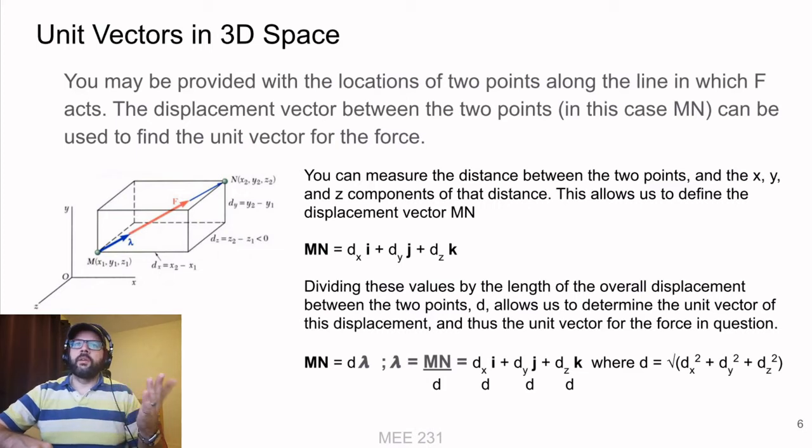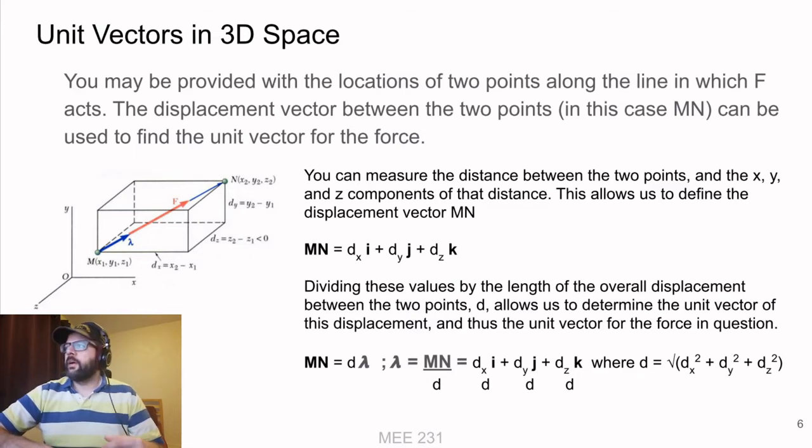Since the force acts between those 2 points, it will have the same unit vector as the force. So you can use those points to determine the unit vector for the force in question.